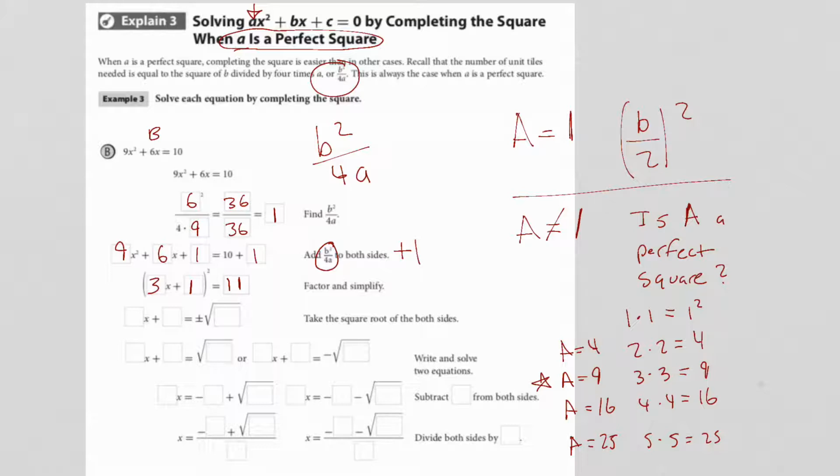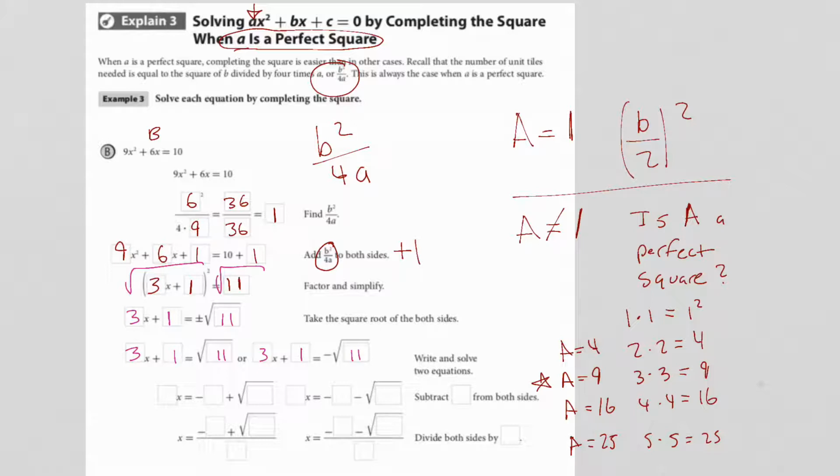So I take the square root of both sides, because that's the inverse operation of something squared. You're going to get 3x plus 1 is equal to plus or minus the square root of 11. So 3x plus 1 is equal to positive square root of 11, or 3x plus 1 is equal to the negative square root of 11.